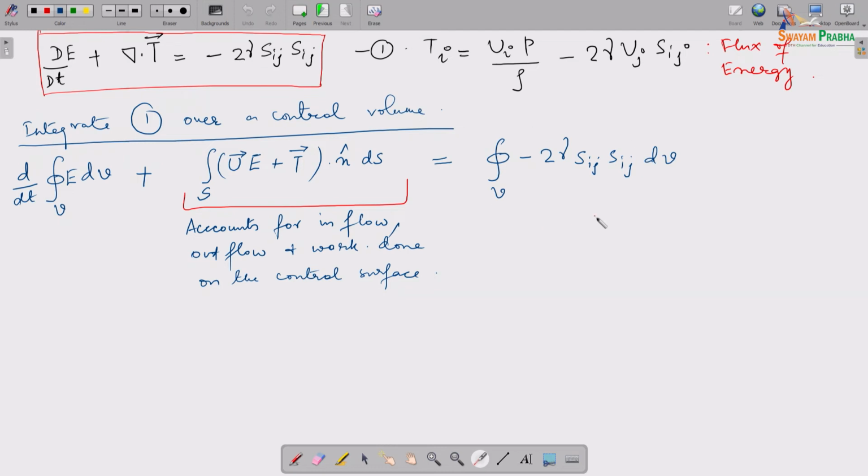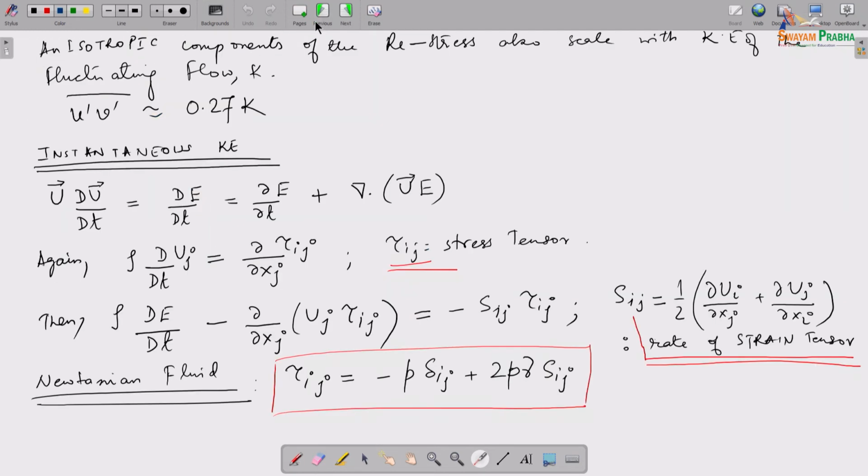So there is a transfer of energy. This also represents a transfer of energy due to viscosity. This is the strain tensor, the rate of strain.